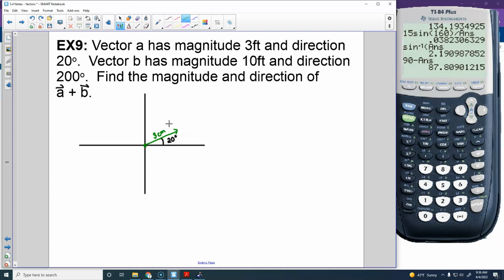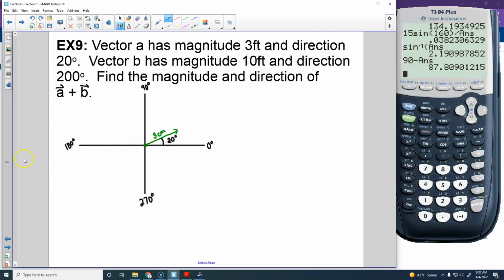Our other vector has a direction of 200. So remember, 0 degrees is right here. Then this would be 90 degrees. This would be 180 degrees. This would be 270. You could go back to 360 here. So 180 degrees is right here, opposite our 0 degrees. Oh, excuse me.